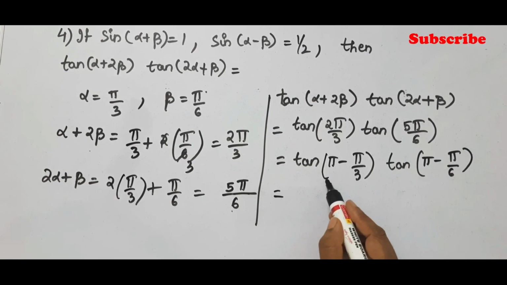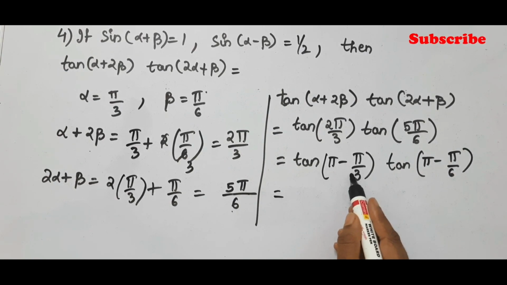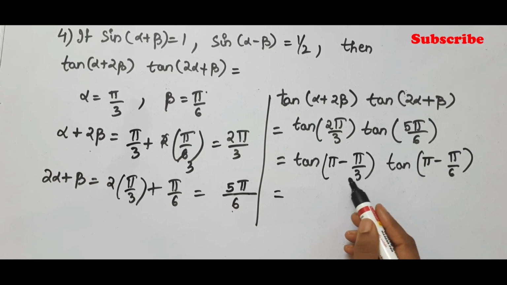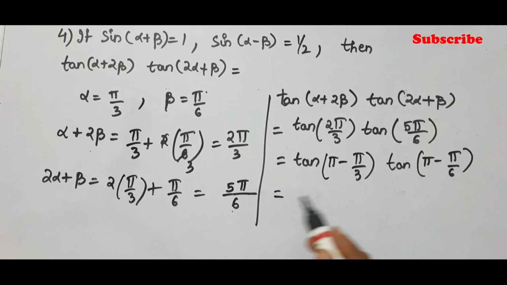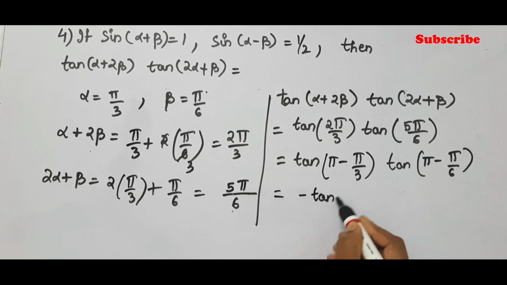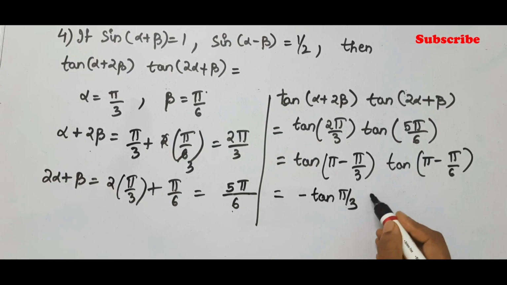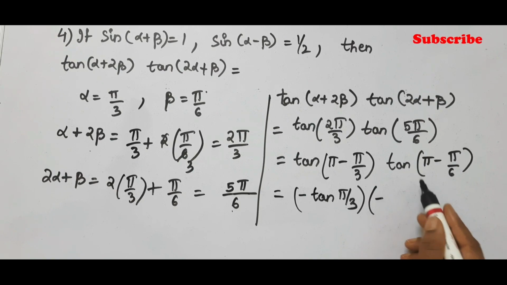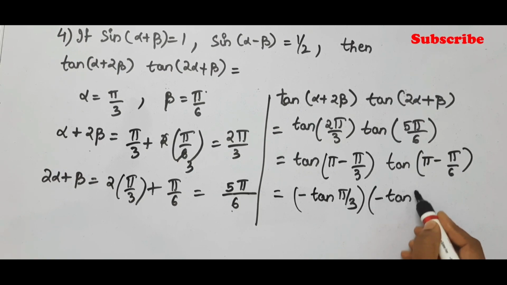As it is 180 minus angle, it will be in the second quadrant. In the second quadrant, sine and cosecant will be positive, remaining will be negative. So this will be minus tan pi by 3, as it is 180 minus, tan remains as tan, into, it will also be in the second quadrant, so negative, tan of pi by 6.